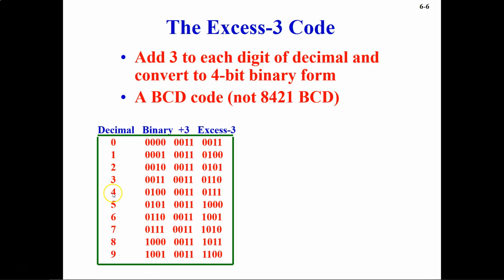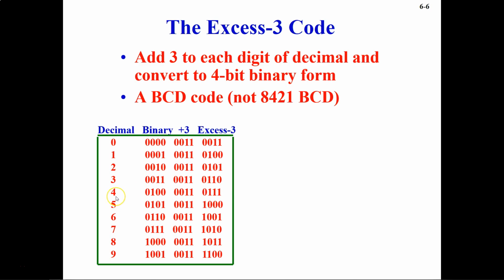So let's move on to 4. Here you see the binary conversion of 4, which is 0100, and if you add 3, which is 0011, and add this to this, then you will have 0111.